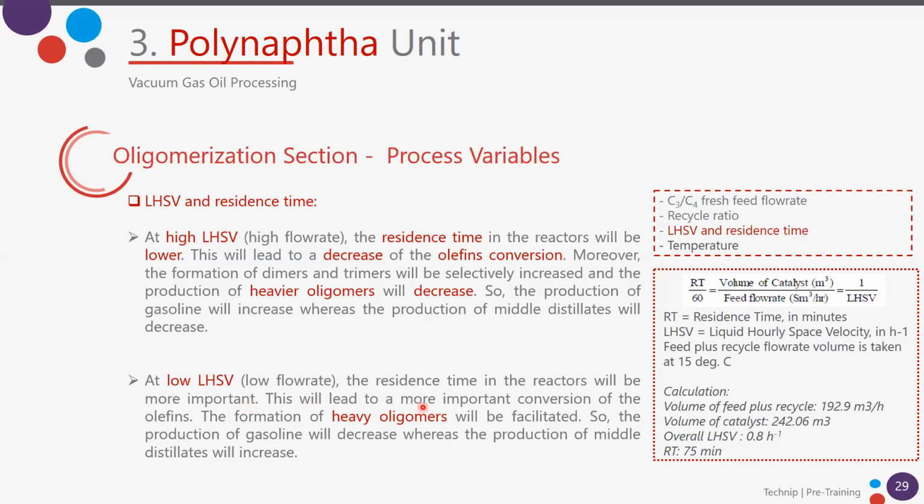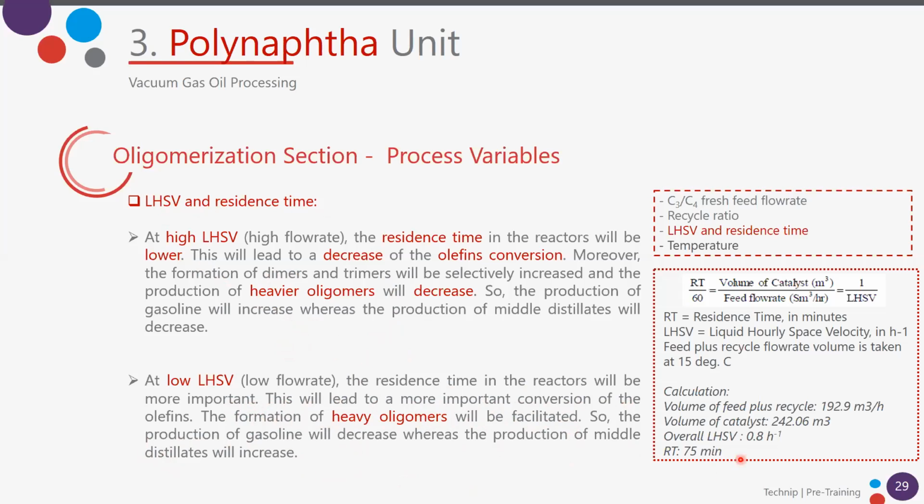This will lead to a higher conversion of the olefins, and the formation of heavy oligomers will be facilitated. So the production of gasoline will decrease and the production of distillate will increase, the opposite of the previous case. So you have to work at the design liquid hourly space velocity to have the proper distribution between gasoline and middle distillate.